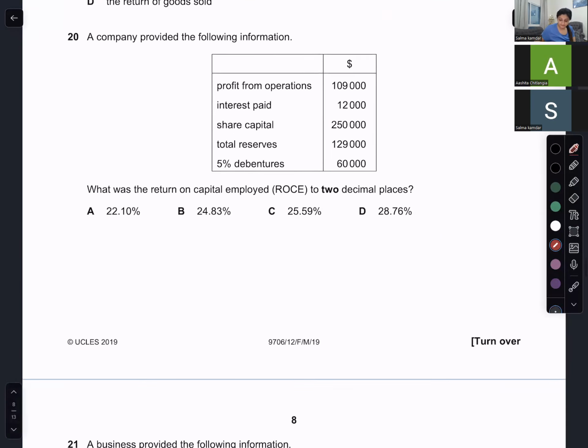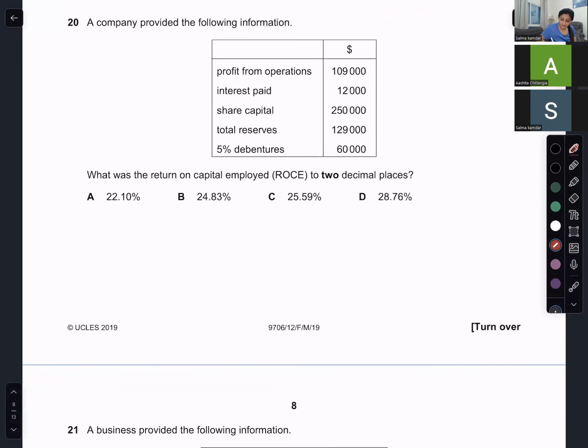Come on. Formula for ROE. Capital. First you have to find capital employed. So capital employed is non-current liability plus capital. So you have to add all these three: non-current liability plus share capital plus reserves.